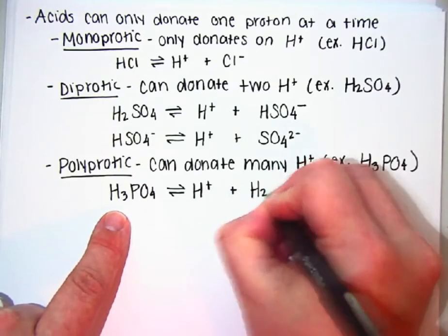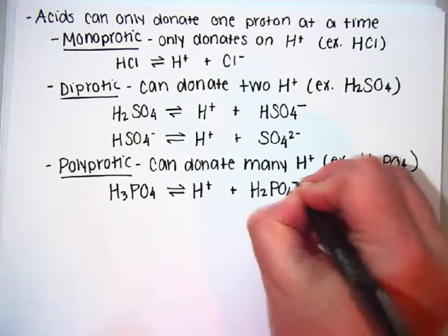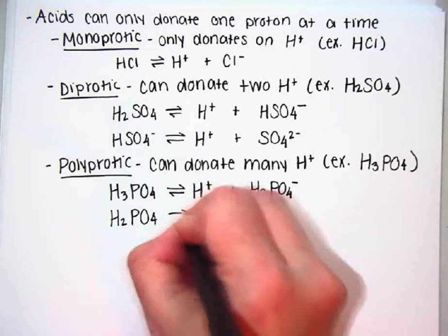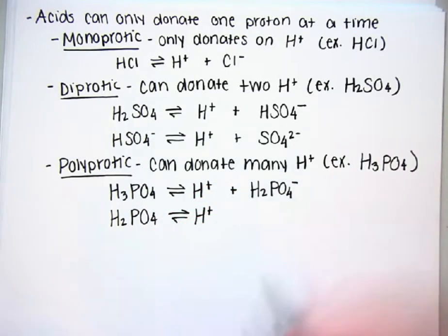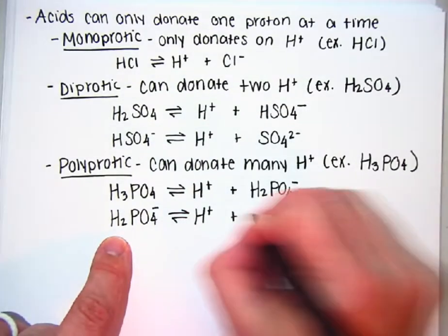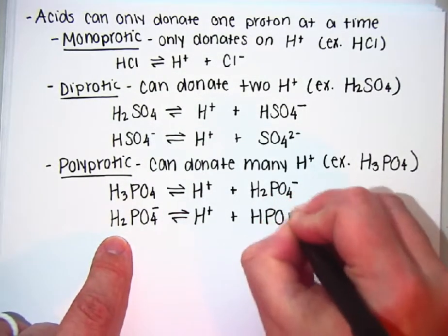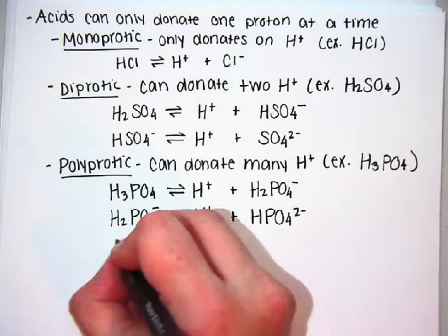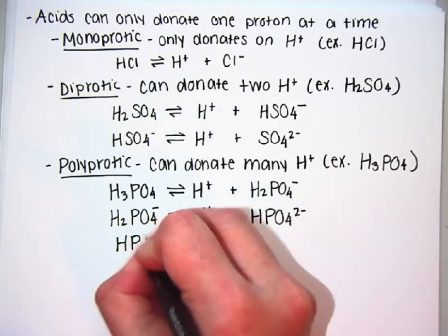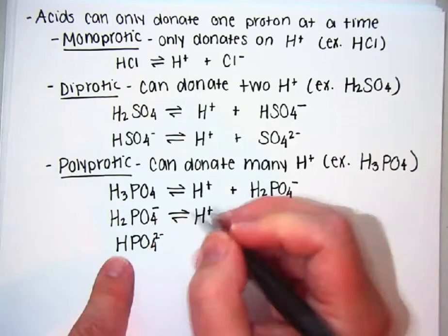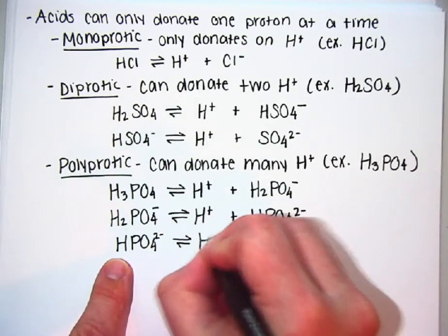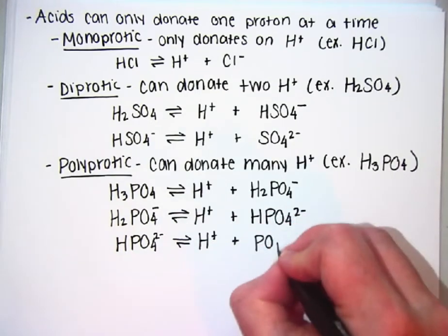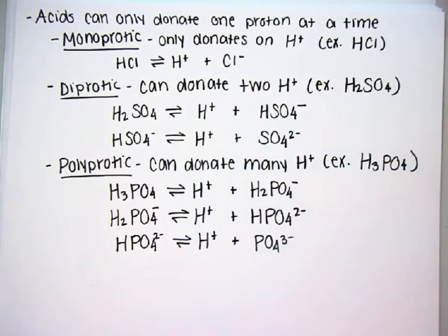This goes from neutral down to a -1. If I pull off a second proton, this is going to go from a -1 down to a -2. I lost another positive charge. I have 1 more proton to donate. If I lose another positive charge, it's going to go from a -2 down to a -3.